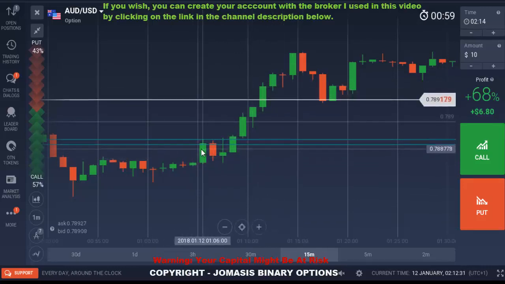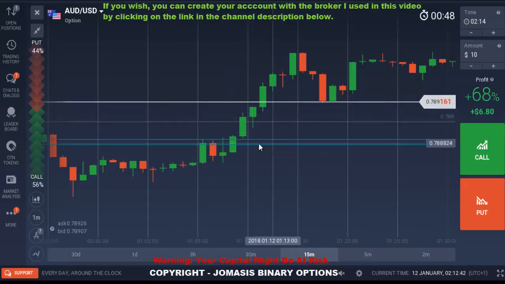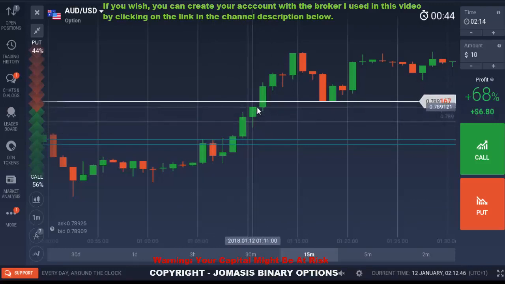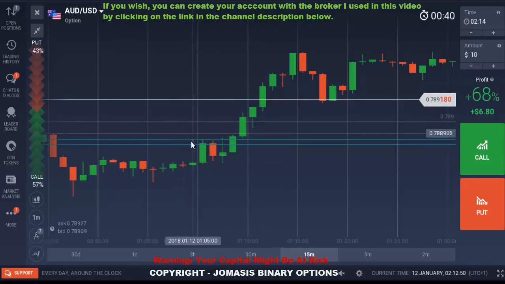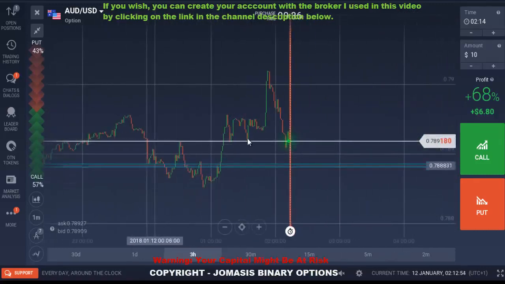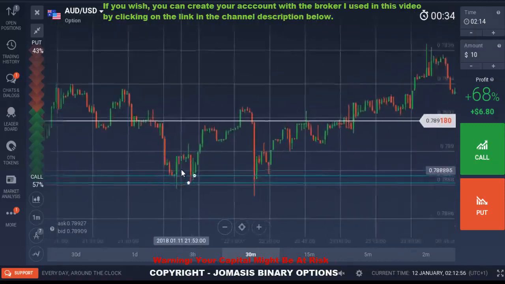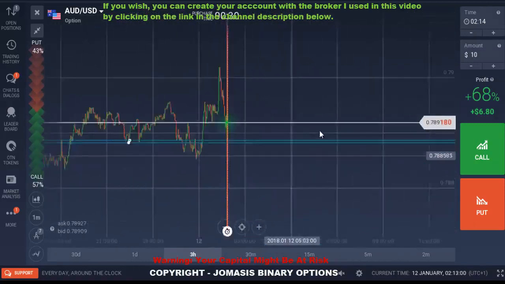So for more clarification in simple terms, when the market is above the line you have previously drawn, it will be your support. When the line is above the market, it is a resistance. Now don't forget we drew this line ourselves previously. So let's go and check.